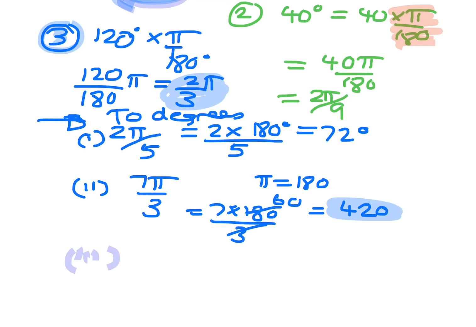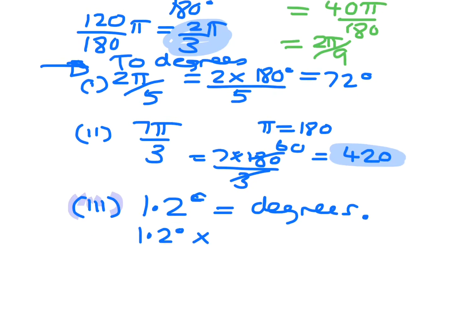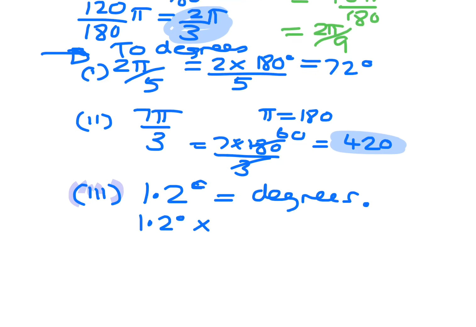Now you could also get this to a decimal place. Or if I've already got it as a decimal, say I have 1.2 radians, and you want to change it to degrees, then what you multiply by, now I just want to give you a little rule here for doing this, and you can use it for any of them.